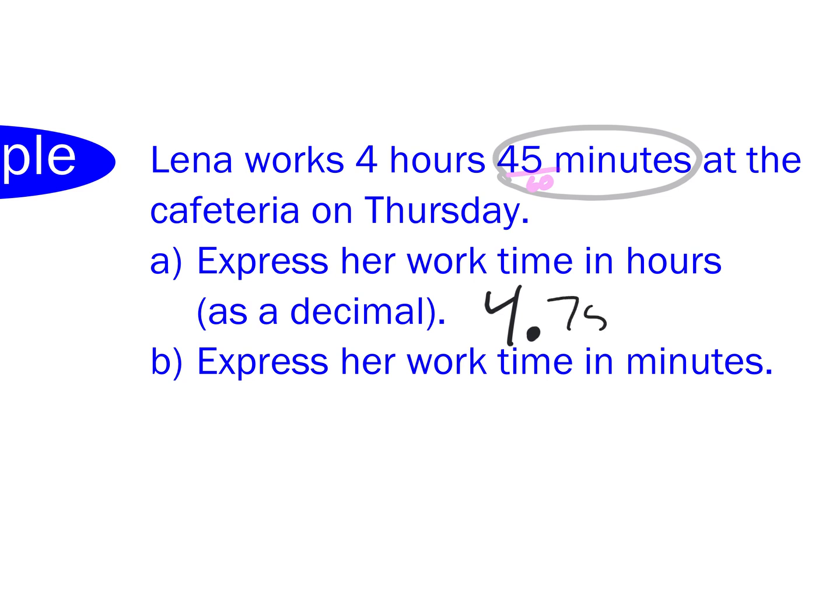So we just add a 0.75 to this, and 4 hours and 45 minutes is 4.75 hours if we write it as a decimal. So all we did was we left the 4 alone because it was the number of whole hours, and we converted 45 minutes to a decimal, knowing that there are 60 minutes in an hour.